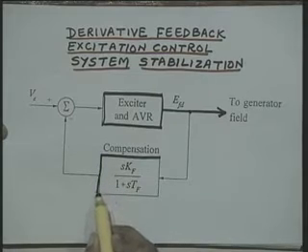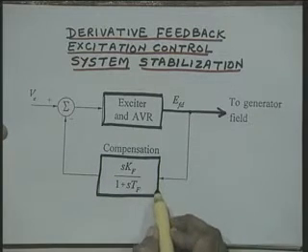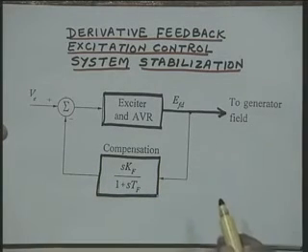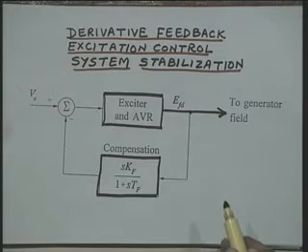We will discuss the details about this derivative feedback when I talk about the models of components of the excitation system, because after we discuss the basic functions we will go to the modeling, and while talking about the modeling we will first talk about the models of various components and then the excitation system model as a whole.